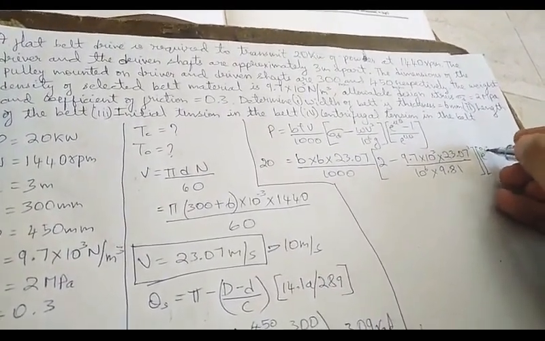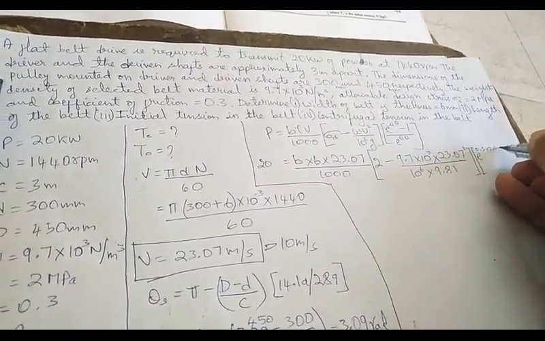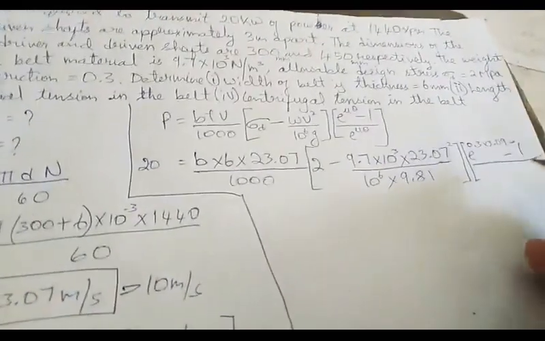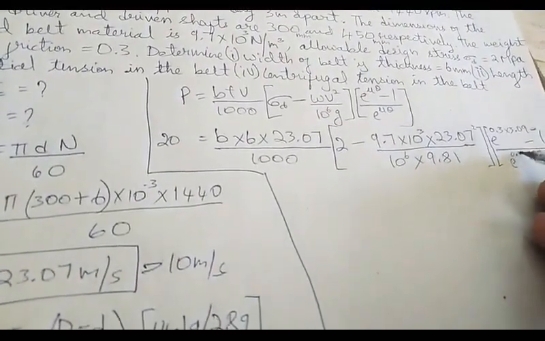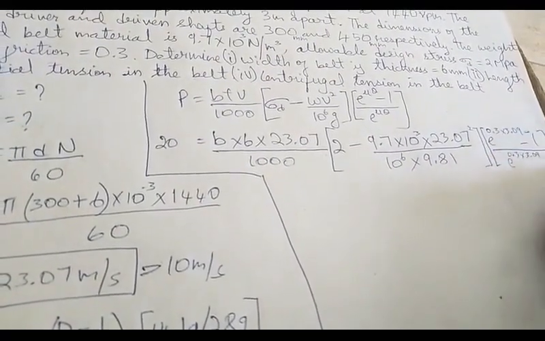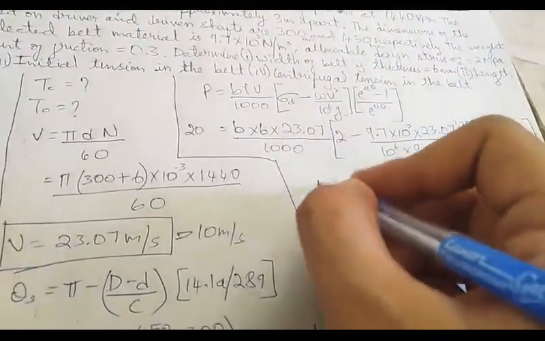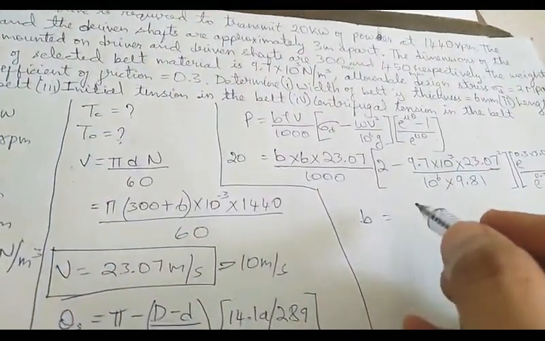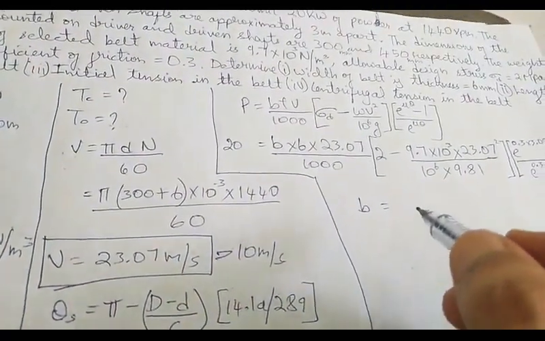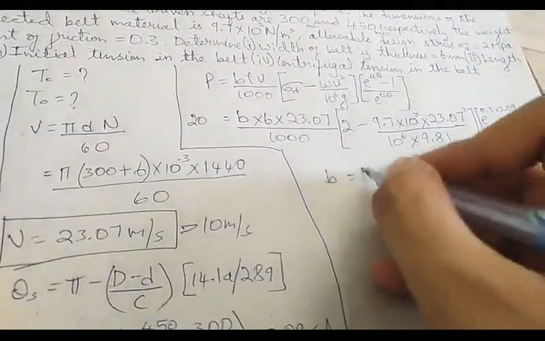Coefficient of friction is 0.3 into theta is 3.09 minus 1 divided by, so the value of B is 162.25.